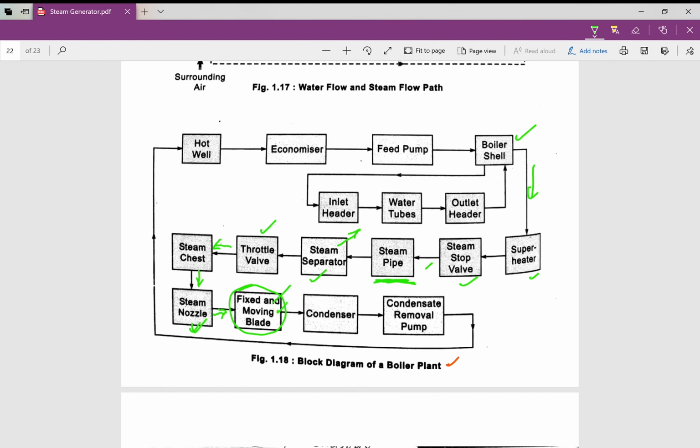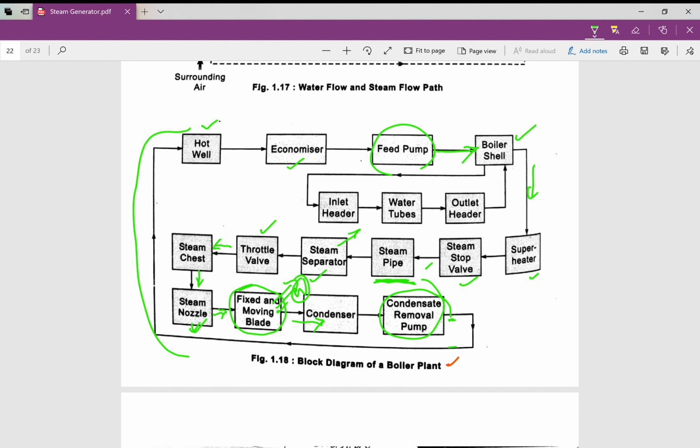After getting work from this device, finally the exhaust steam goes to the condenser for condensation, and then after condensation, this condensate goes out through the condensate removal pump, and then it goes to the hot well just for storage, then to the economizer where that water gets heated before entering the boiler, and then with the help of this feed pump hot water is supplied to the boiler. So in this way this circuit is completed.